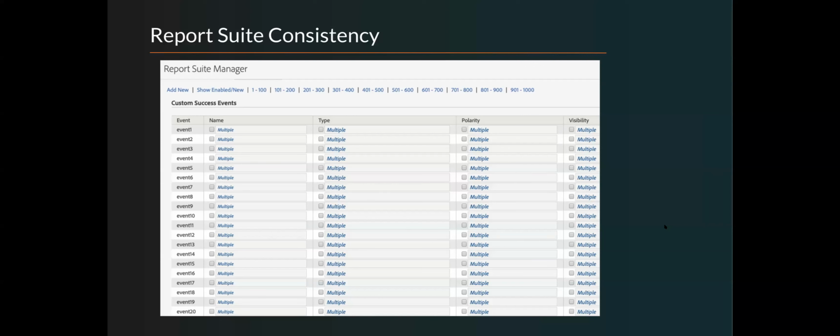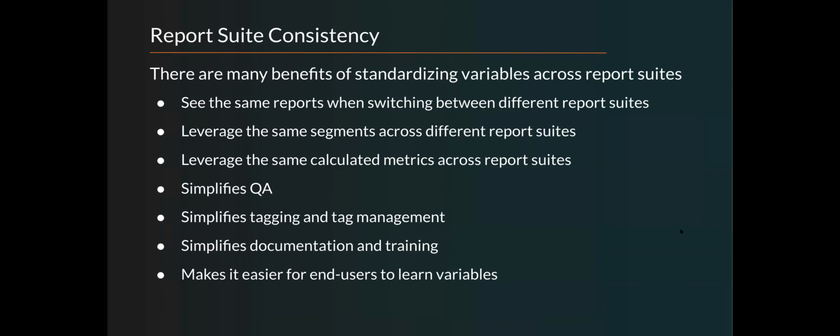Event one should always be the same success event across all of them. Even if a certain report suite isn't using it, I would still name it the same, and then you could always just hide it or disable it, because there's a lot of benefits of having report suite consistency.